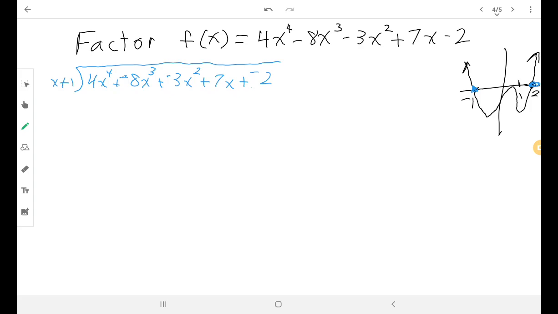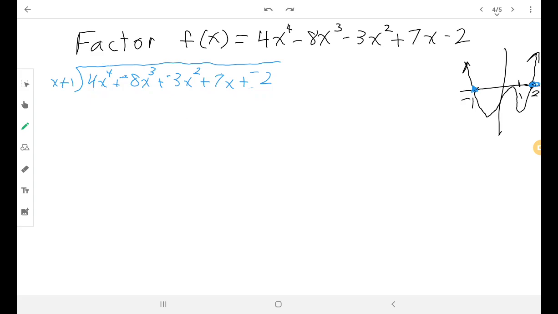Okay, so there is my long division, and the way you do long division is you look at the first term that you've got, and you ask yourself, what do I have to multiply by the first term here, which is x? What do I have to multiply x by to make this, in this case?